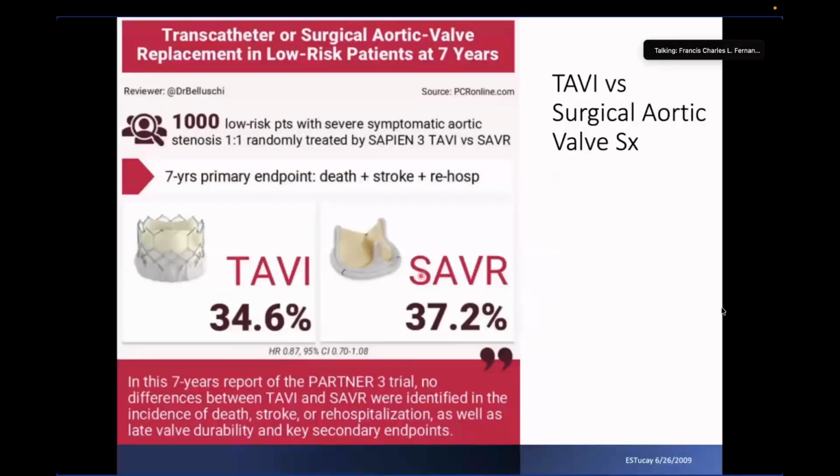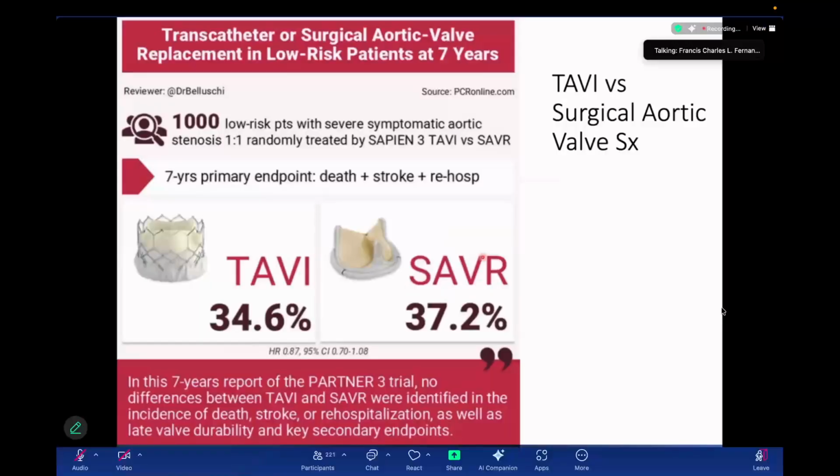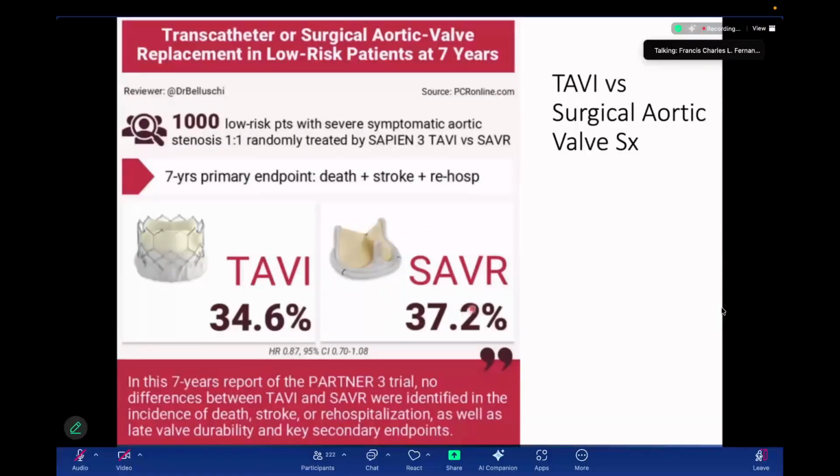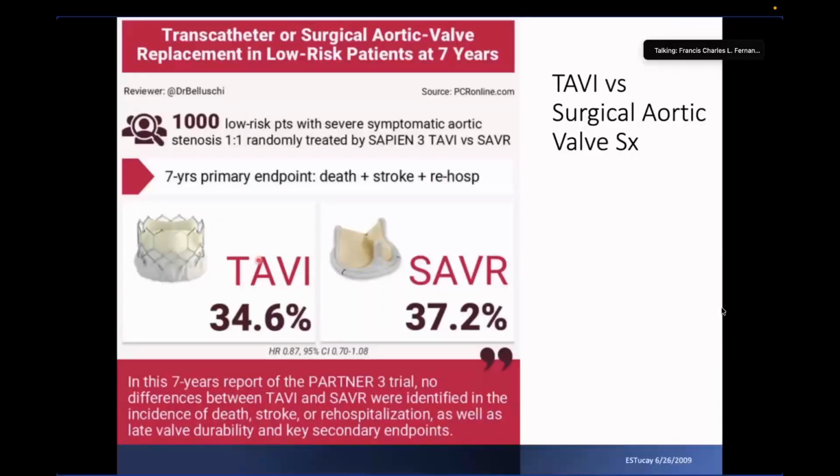We have surgical aortic valve replacement. This is the PARTNER 3 trial. Why? This has traditionally been done before. However, in the advent of the percutaneous transcatheter therapy in the form of transaortic valve implantation or valve replacement, even among low-risk patients underwent TAVI.